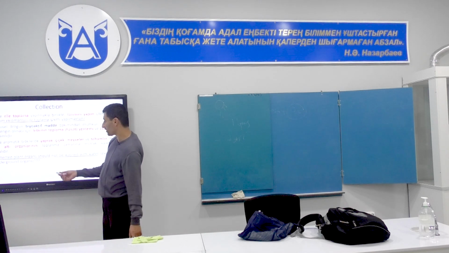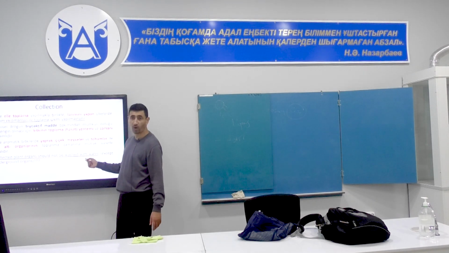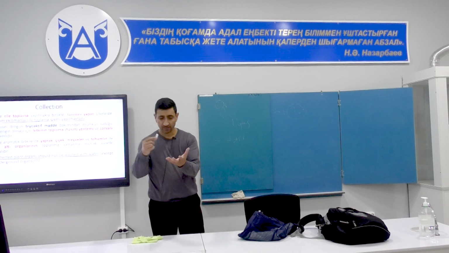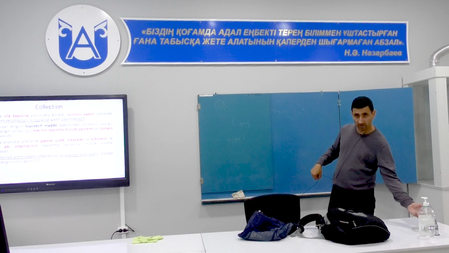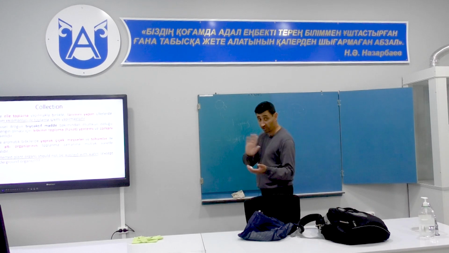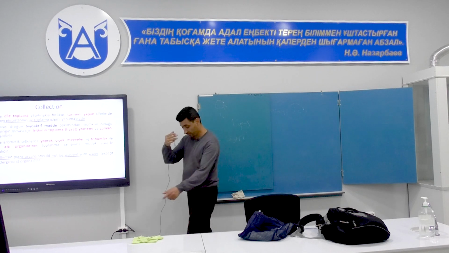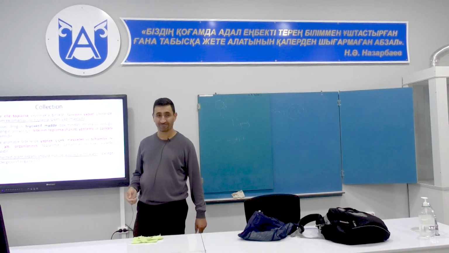I am asking you a question here. The collected plant organs should not be washed with water. Why? I collect this plant, I should not wash it with water. Why? Not washing. Don't wash?